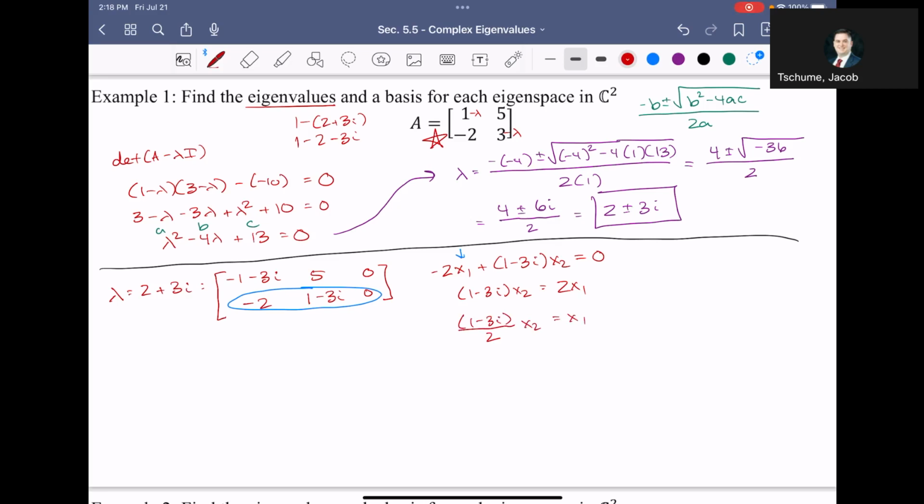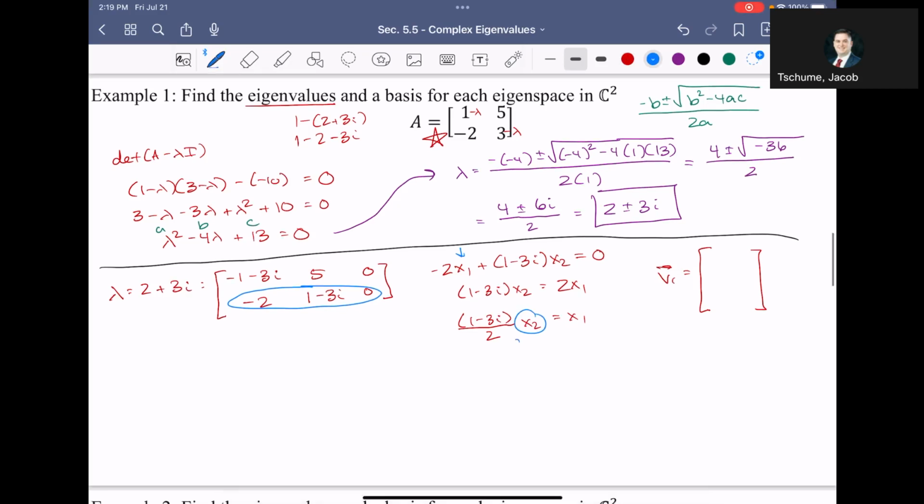Now, this is the equation that generates the infinitely many eigenvectors in your eigenspace. So we're done there. But you just want a basis, so you just need one vector that makes this true. So as far as calling this v sub 1, creating my vector here, notice that in the way that we wrote this, since x2 is the variable next to the expression, this is our free variable, while x1 is our basic variable.